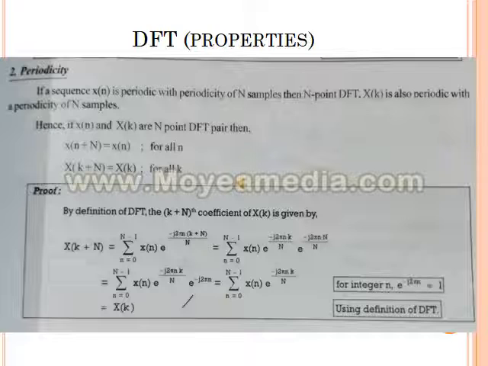This we have to prove, because the signal is periodic if and only if it repeats itself after some regular instance of time.